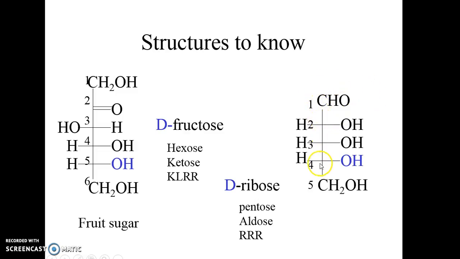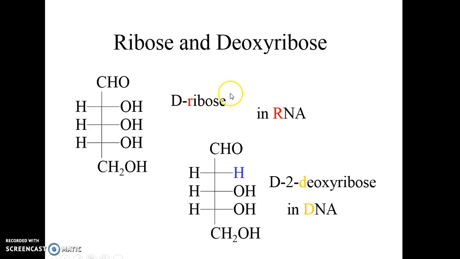These are the 3 chiral carbons. The bottom one is on the right, so it's D. Ribose can be modified in biological systems to remove the oxygen and make it a deoxyribose right there. That is the deoxyribose that is in DNA. Ribose is what's in RNA.